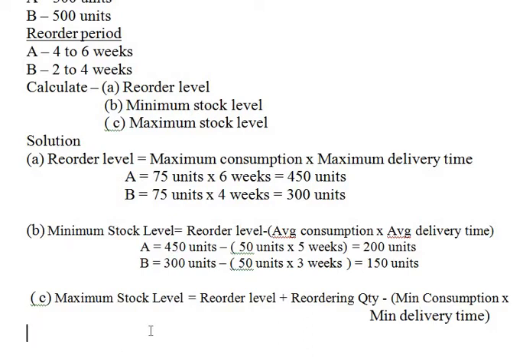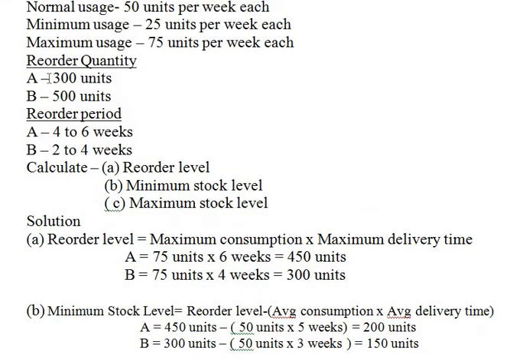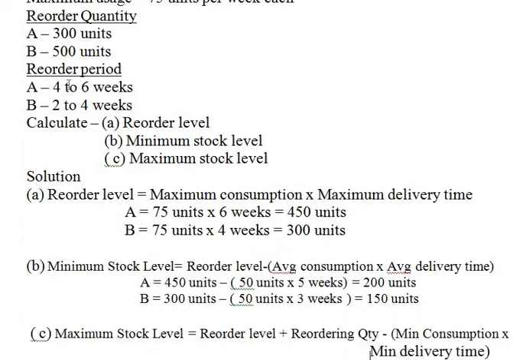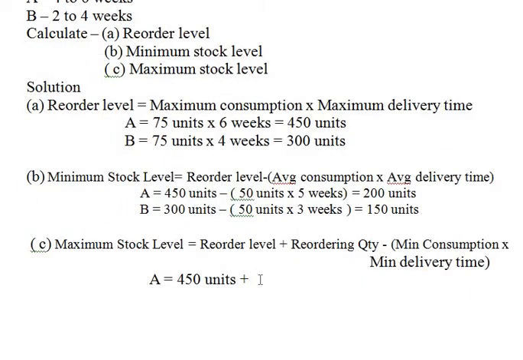Okay, same thing again, we need to calculate it for A as well as B. Now reorder level as per our first point, for A it is 450 units, plus reordering quantity is given in the problem. Reordering quantity for A is 300, so plus 300 units.